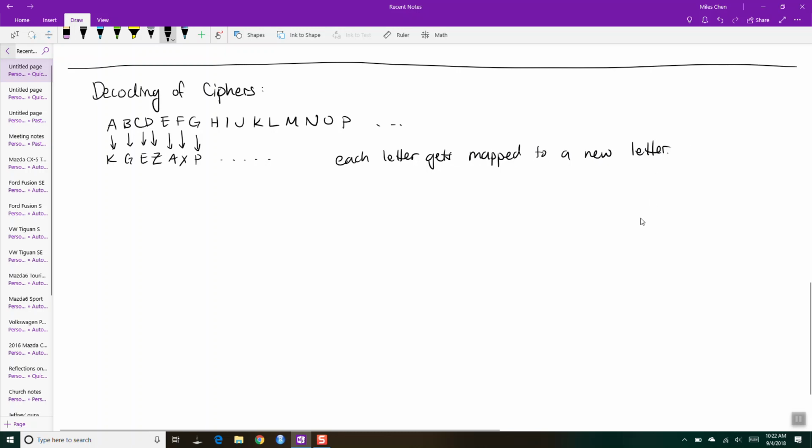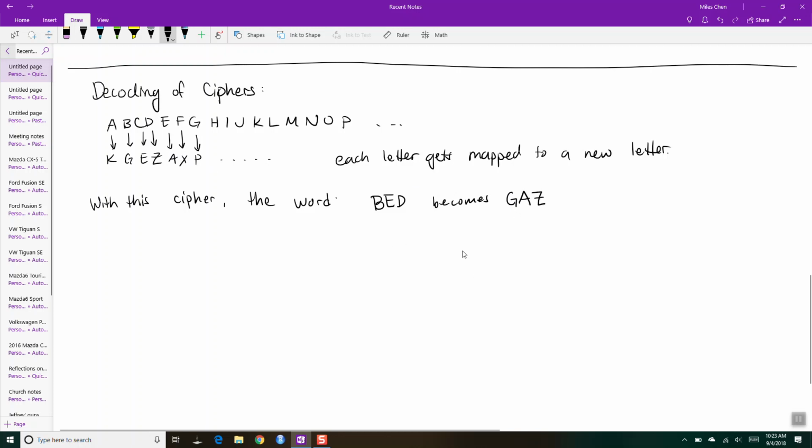And so with this cipher, the word bed becomes GAZ.